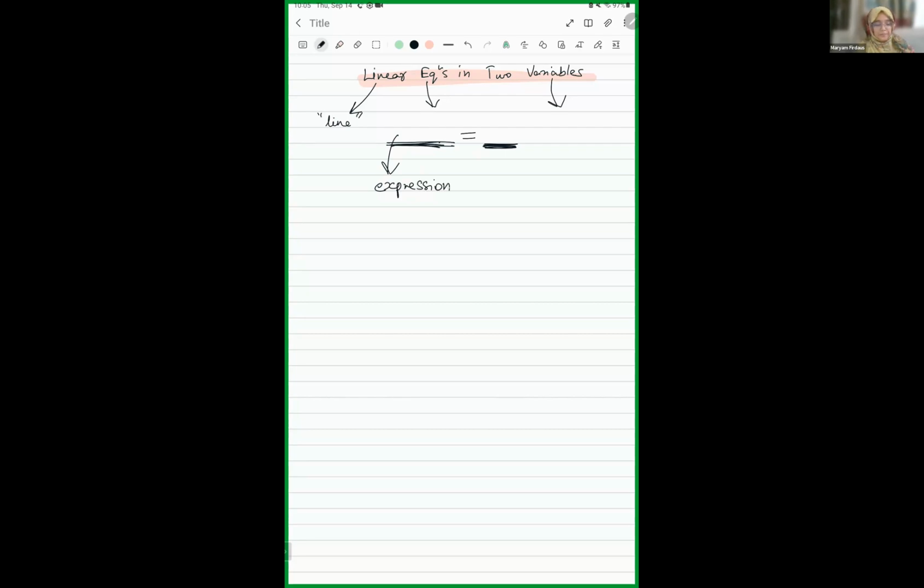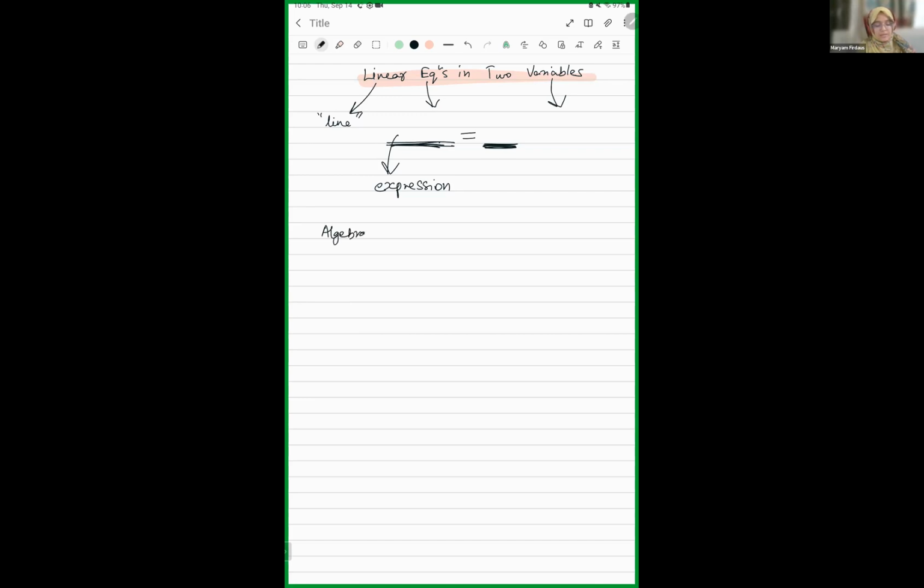It will be an algebraic expression which you must have studied in 6th grade. Is that correct? 6th or 7th. So you know what algebraic expressions are. Can someone give me an example? Algebraic expressions. 2x plus 3x equals 5x. Good.